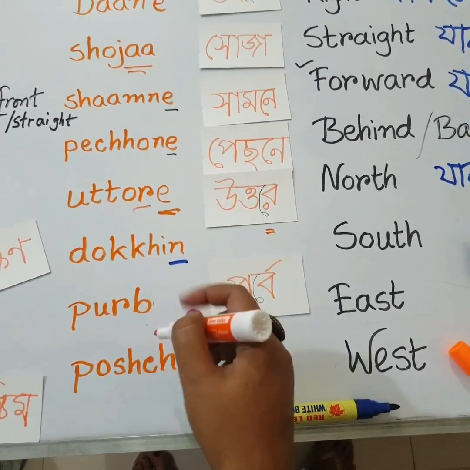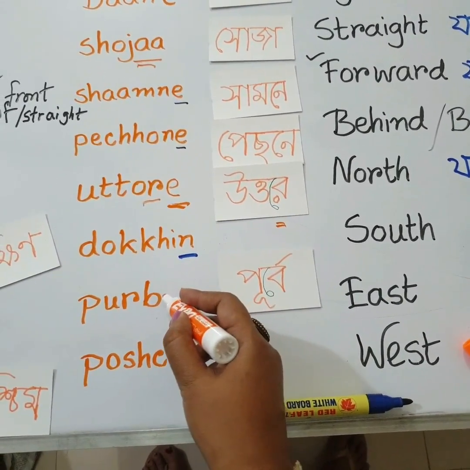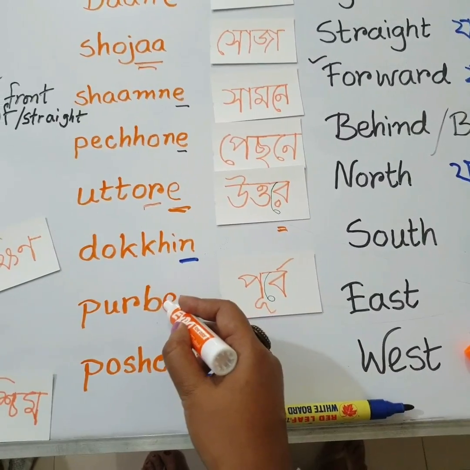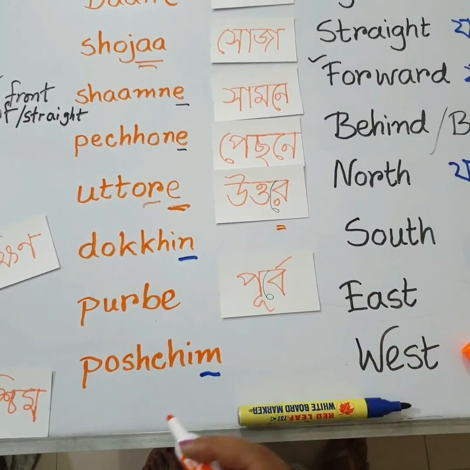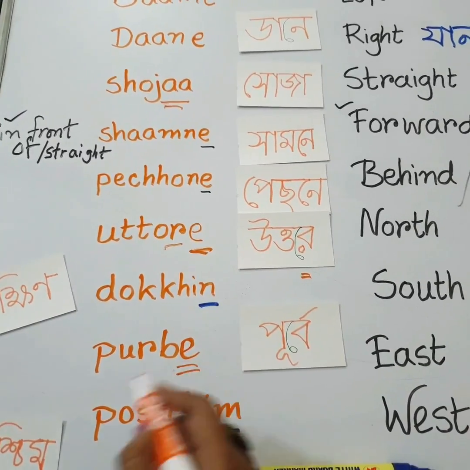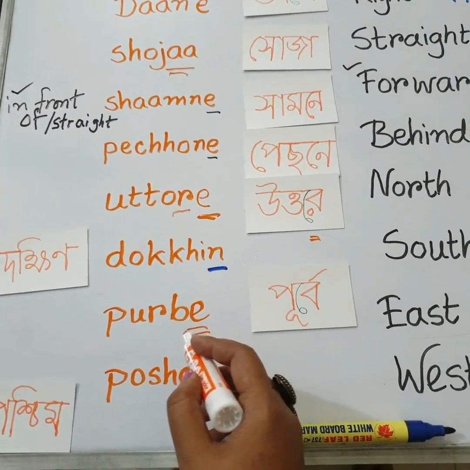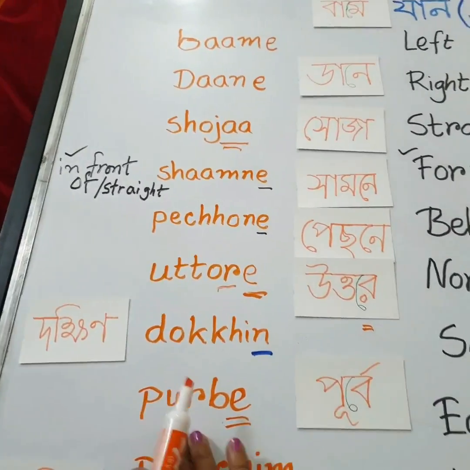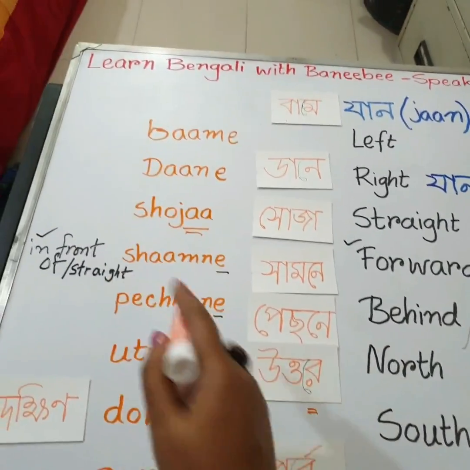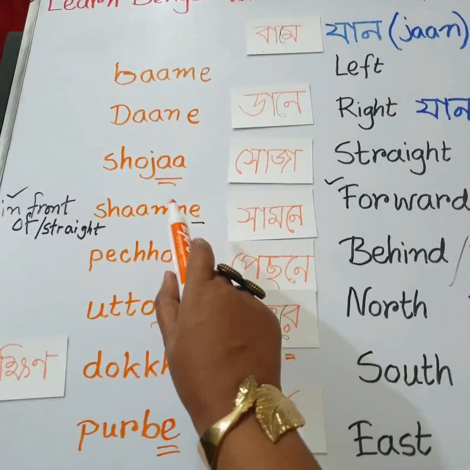We just forget that it had any O with it. We can do this for this O only. So yeah, Purbe. So this O is replaced by this A. For this word only we have done that, but for all the others, like for Shoja, we just kept it like Shoja.